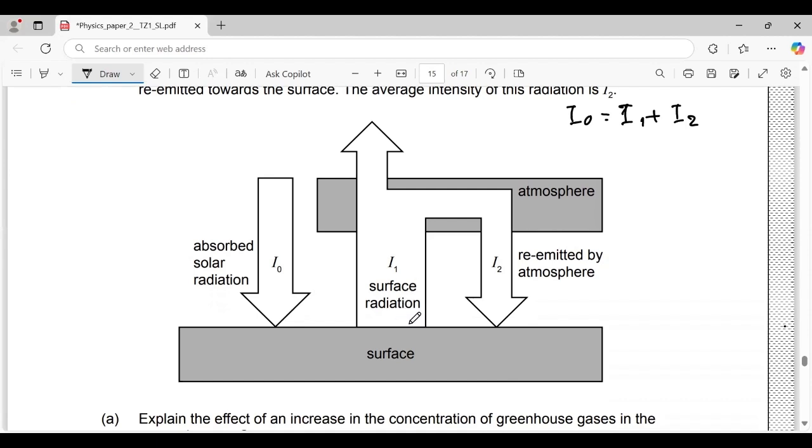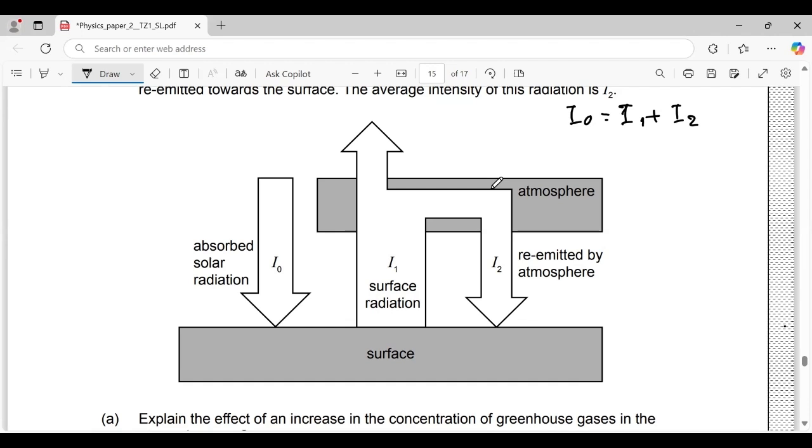I1 is directed upwards, and I2 downwards, I0 as well, downwards. So I1 equals I2 plus I0.